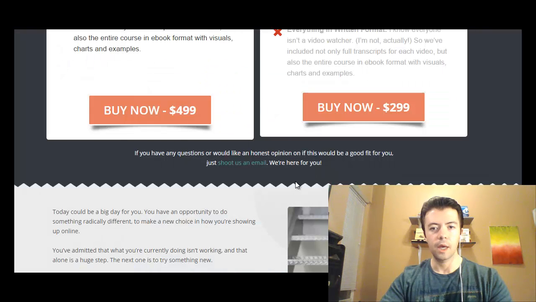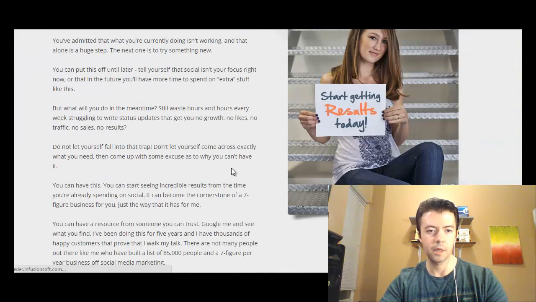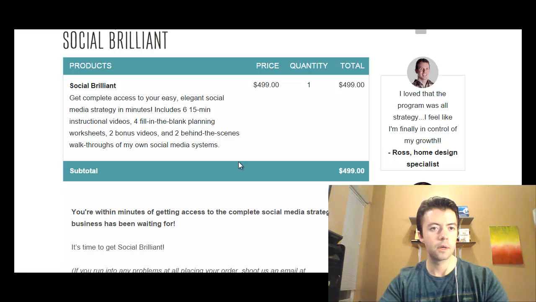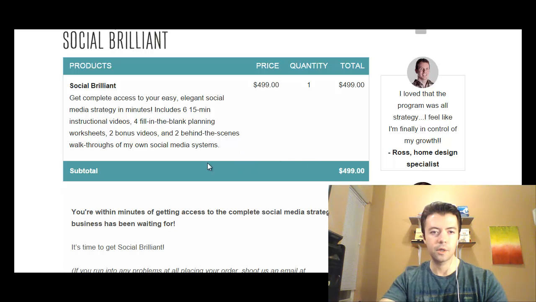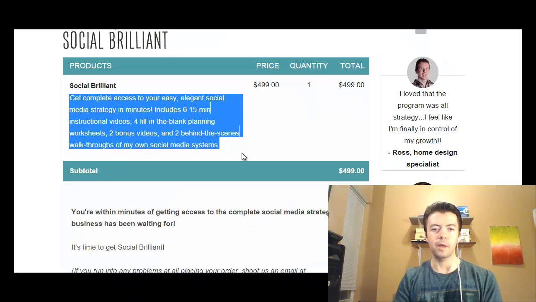So if we look at, for example, Social Brilliant from Laura Roeder, we see here on the checkout page, even the product description is explaining clearly what are the deliverables that you're going to get, and it's worded in a way that is positive, not too salesy, right?